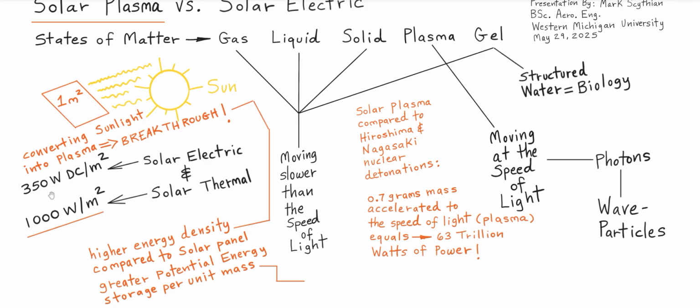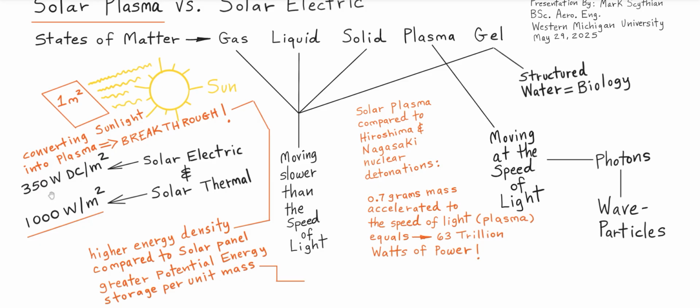And each solar panel has 19.25 joules per kilogram, whereas crude oil has 46,464,000 joules per kilogram.